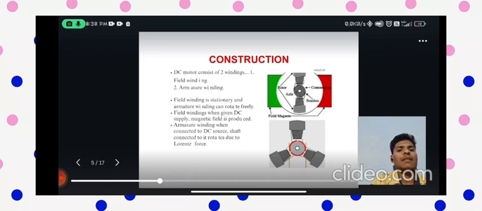In the armature winding, when connected to a DC source, the shaft connected to it rotates due to Lorentz force. In the image given, you can clearly see the rotor, axle, brushes and commutator.